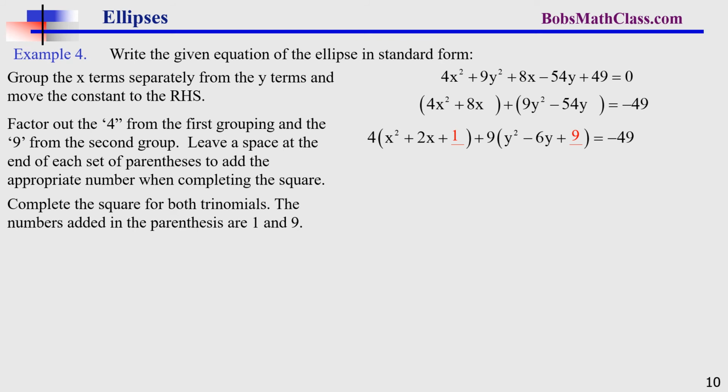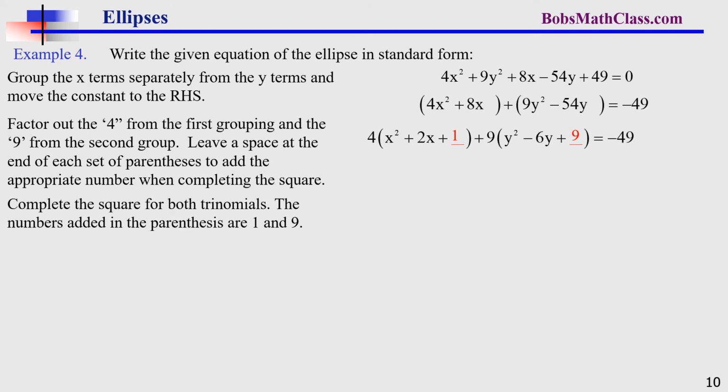Square it, you get 9. So we're going to add a 1 and a 9. Whatever we add on one side, we have to add to the other side. But those two numbers aren't 1 and 9, right? They look like a 1 and a 9, but they're not. What numbers are those? That's right, it's a 4 and 81.